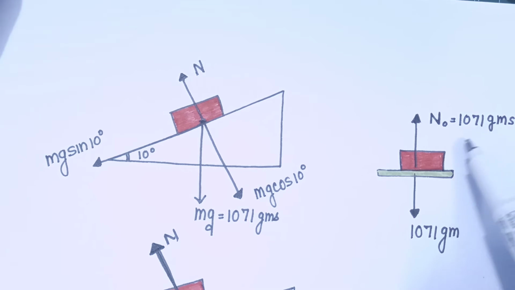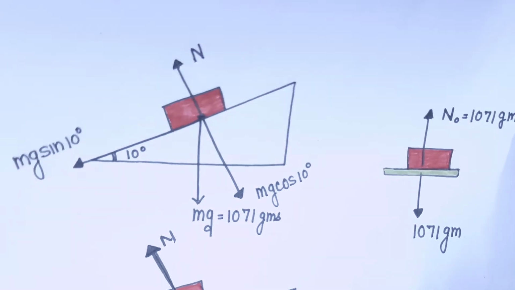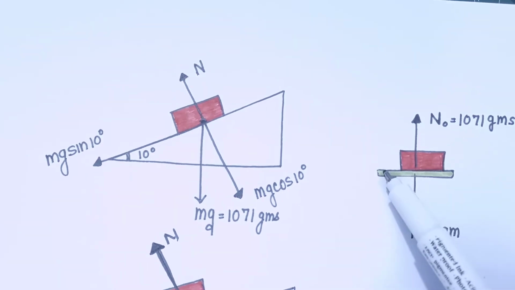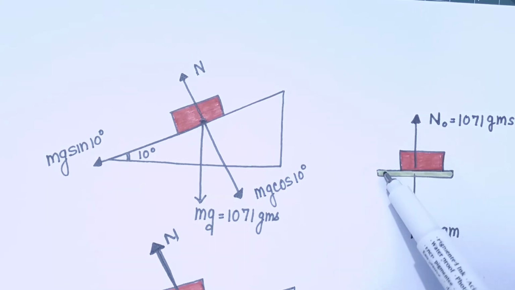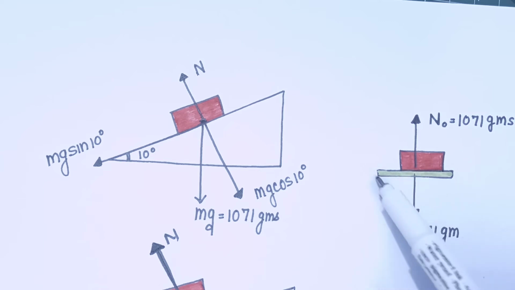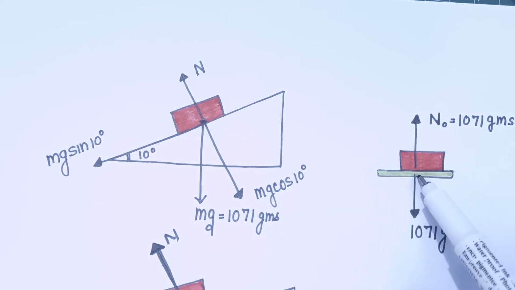So the weighing machine is reading the reaction force of the surface. How will we confirm that this is the reaction force only?